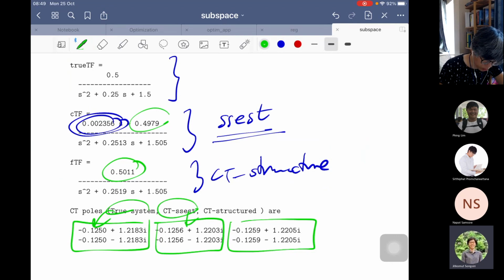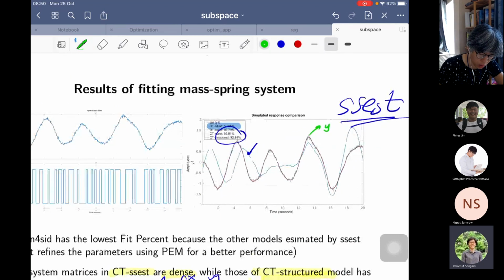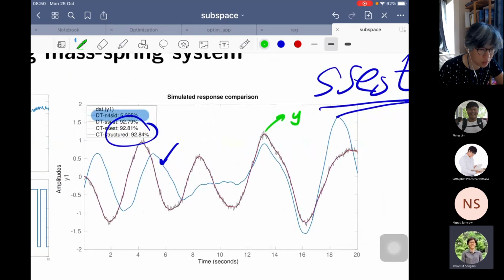The second one is from CT SSEST, the one with the dense structure, and the last one is from the predefined structure. The locations of poles from those 3 models are not significantly different. So in terms of the response, that's why you see the fitting and the response are close to each other.